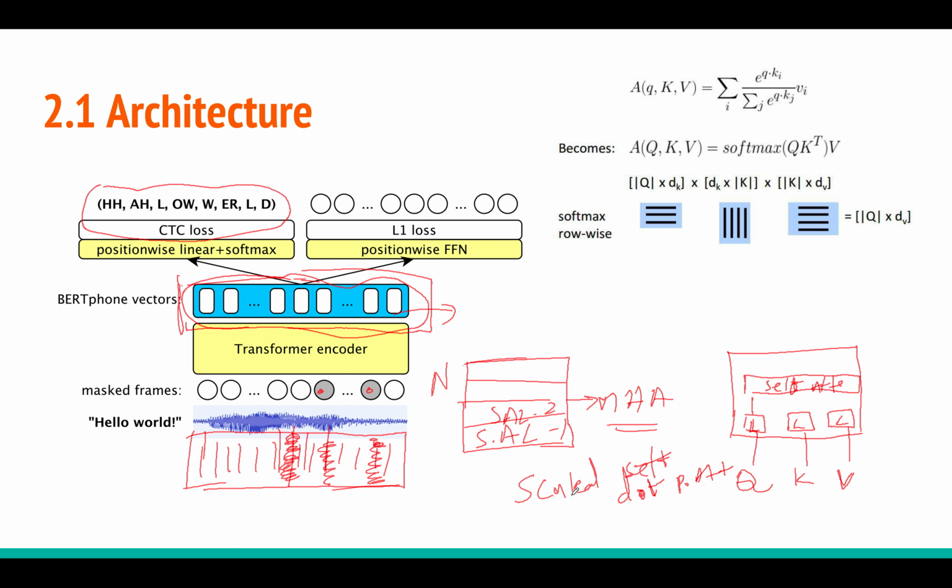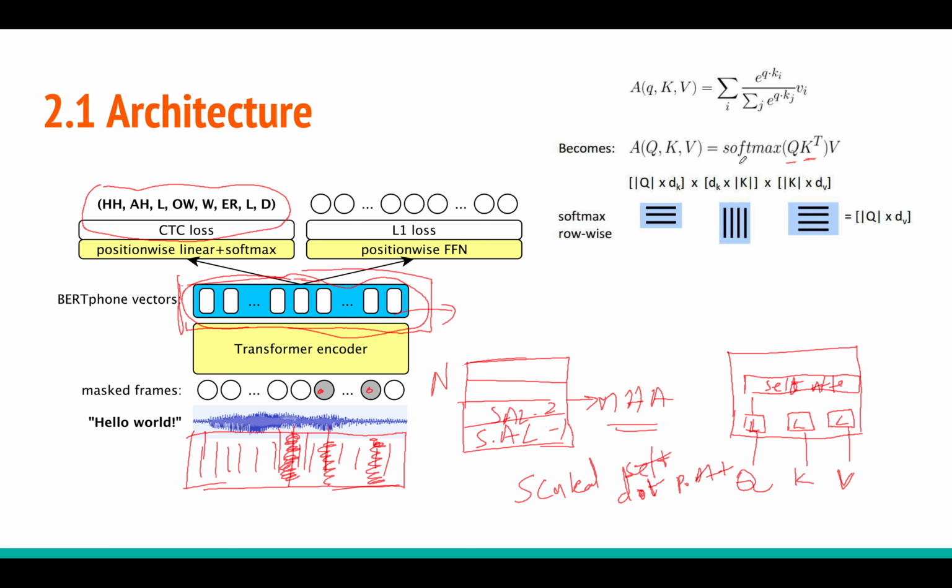But in this case they use something called dot product attention. Dot product attention came right after the original attention paper. Basically it said instead of doing all this fully connected thing, you just use the dot product, which is just you take the query matrix, you take the transpose of the key matrix and then apply a dot product, right? It's a very simple thing.